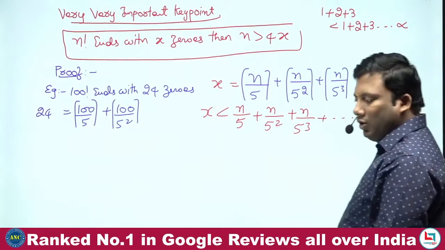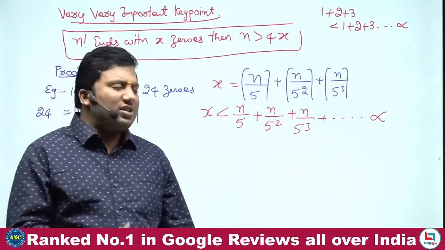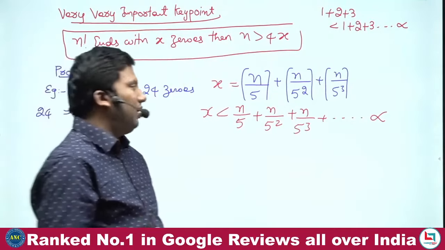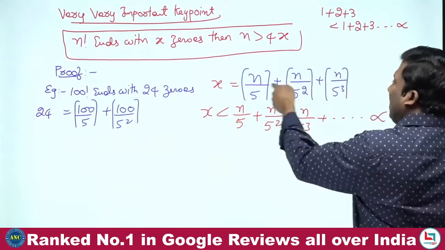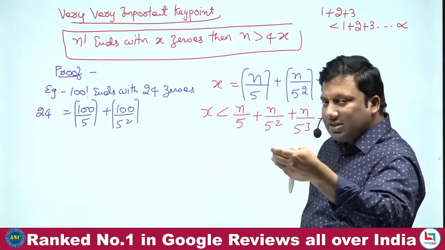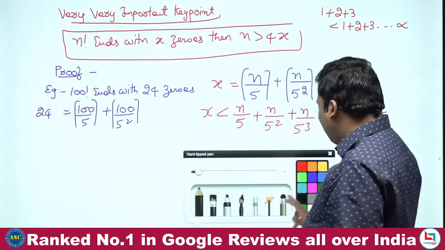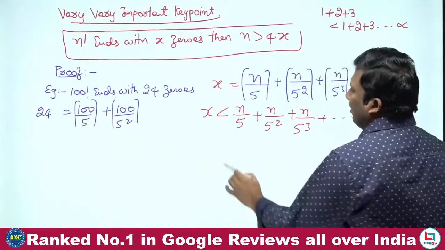A finite value, 2 plus 4 plus 6, is always less than 2 plus 4 plus 6 and so on up to countable infinite. It is a finite series. It is an infinite series. A finite series is always less than infinite.